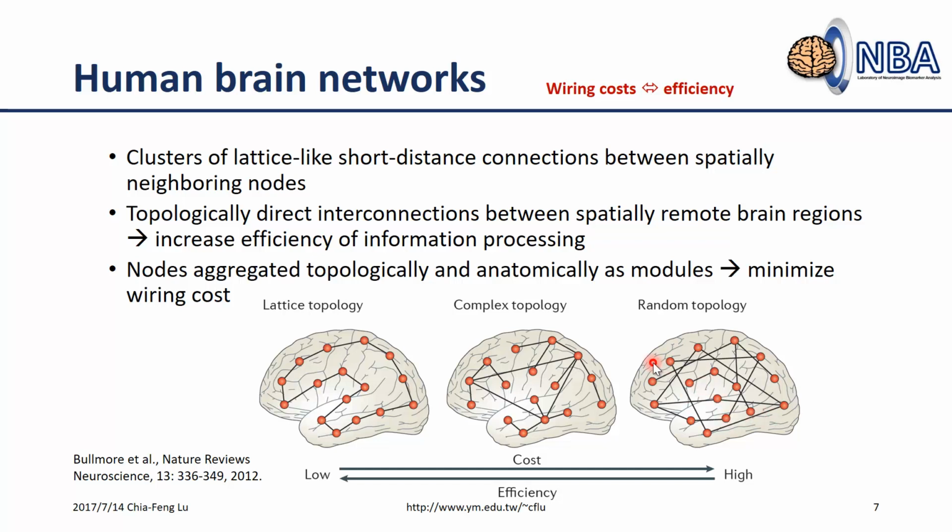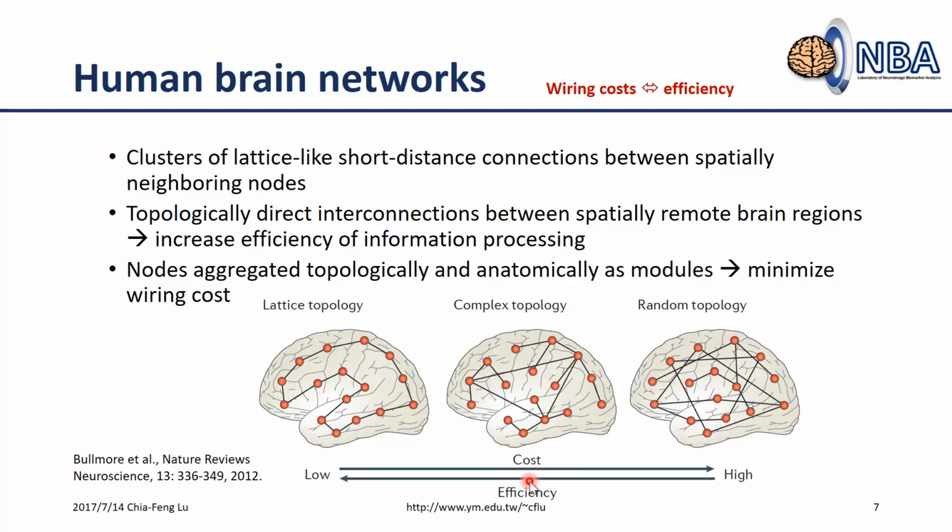So our human brain network actually is located in the in-between or middle situation. We actually find a very beautiful balance. Of course, this balance was developed through thousands of years of evolution. So now we have this elegant and beautiful complex topology where we have as low cost as possible but as high efficiency as possible.